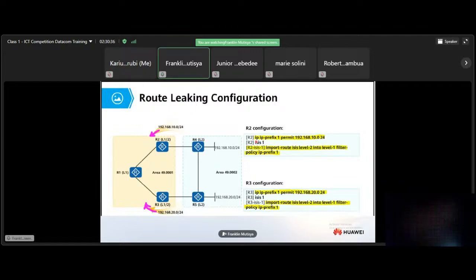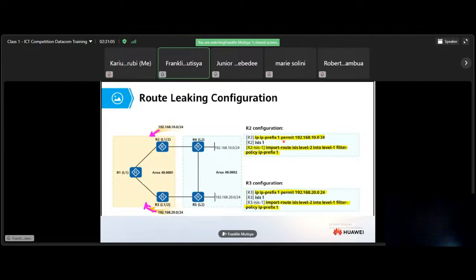So this is the syntax of configuring an IP prefix. You use the command ip followed by the keyword ip-prefix, then followed by a name. You can use a name here, or you can just have a number. So you can put a name describing what your IP prefix is doing, or you can have it as a number. Then it will have the action.